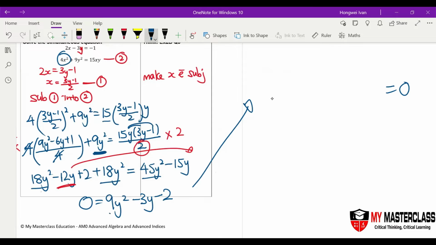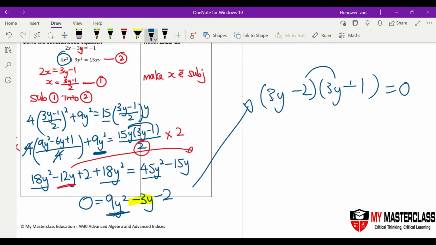Number one, you see a 9y squared, there's 9, 1, and then 3, 3. Because you see the middle is minus 3y, I know I should form 3, 3, and for 2 there's only one choice, 2, 1. Now in the middle, I want to form minus 3y. That means this 3 times 2 must give you minus 6y, so that's why I put a negative.